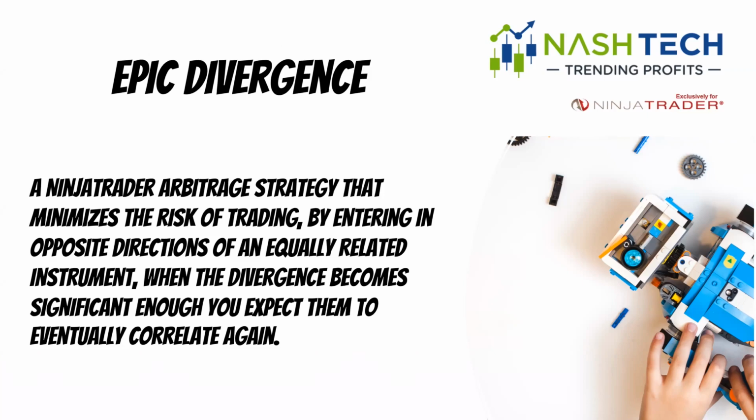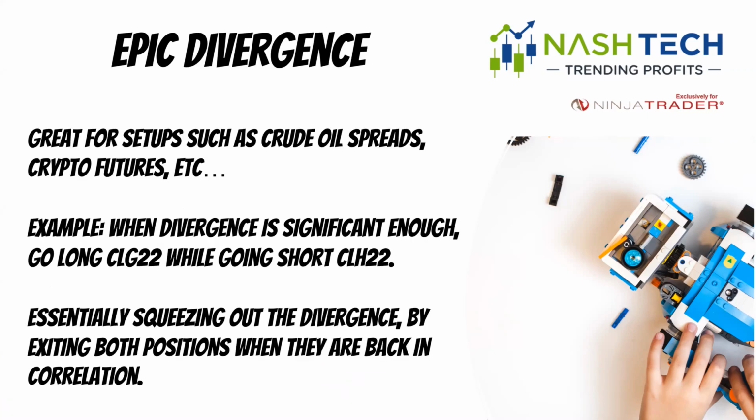You could trade this with futures and any type of spreads where you might have the MNQ for a March contract versus a June contract. And all of a sudden, when there's a significant change in these setups between the two, you can go long one and you go short the other.